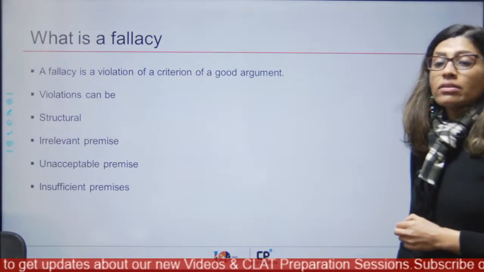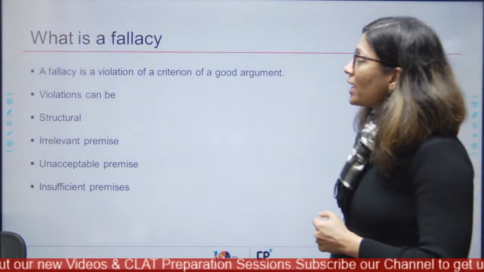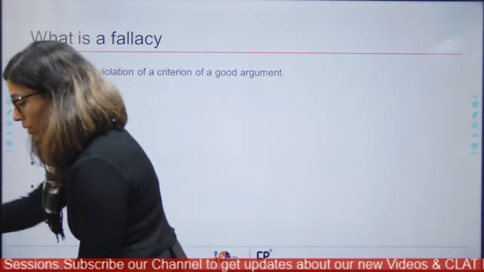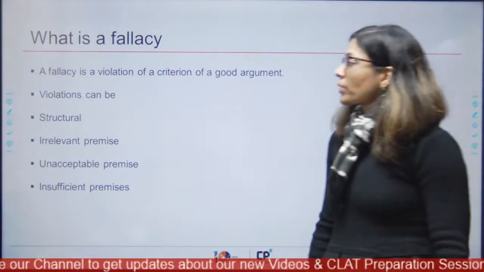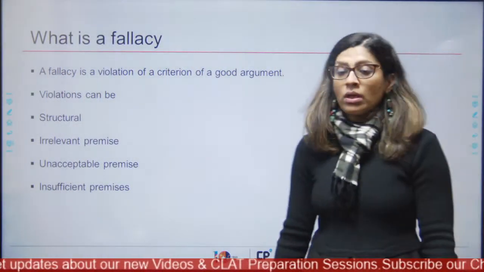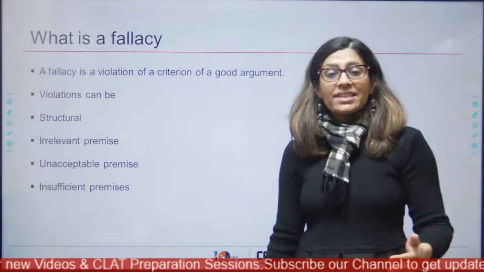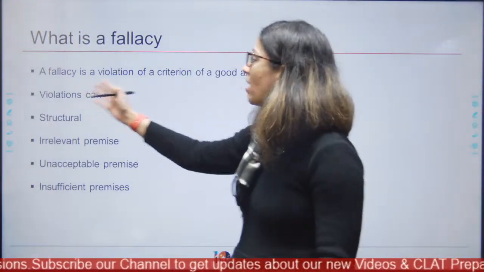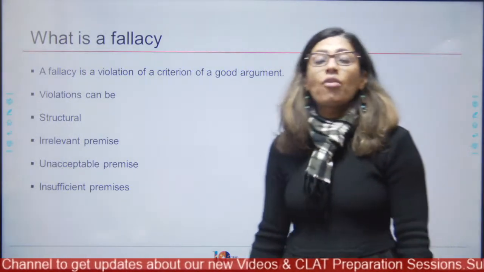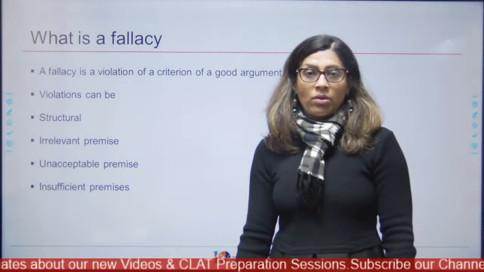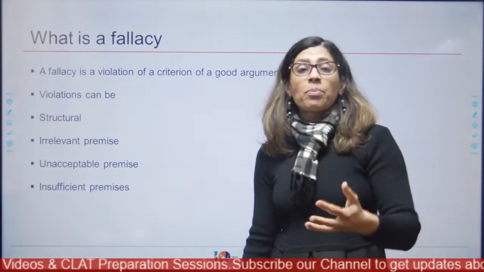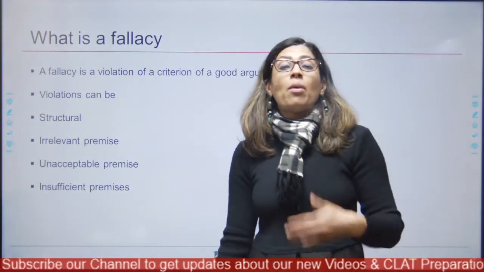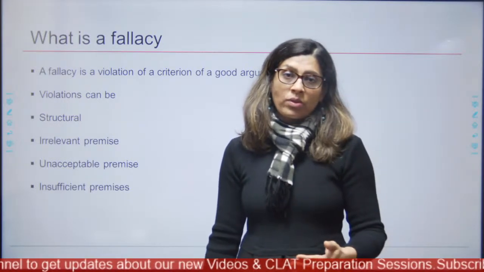The first thing that comes up here is, what is a fallacy? A fallacy is a violation of a criteria of a good argument. In simpler words, a fallacy is a flaw in an argument made by the author.